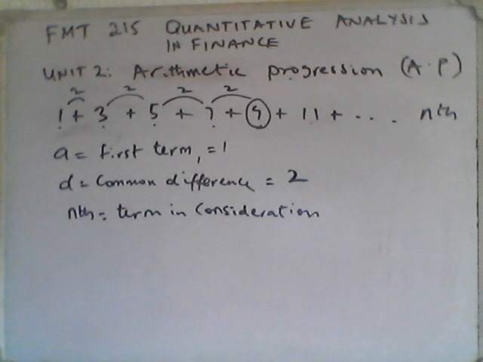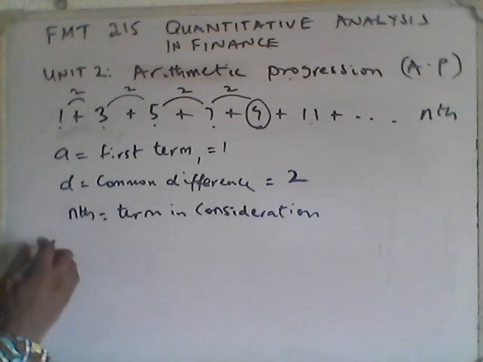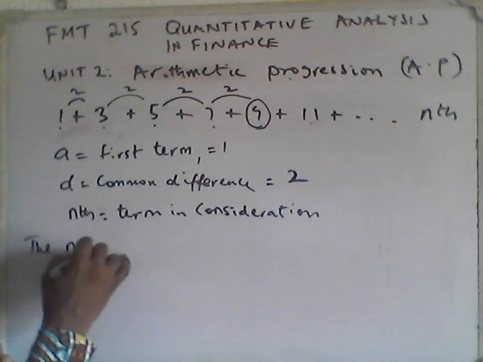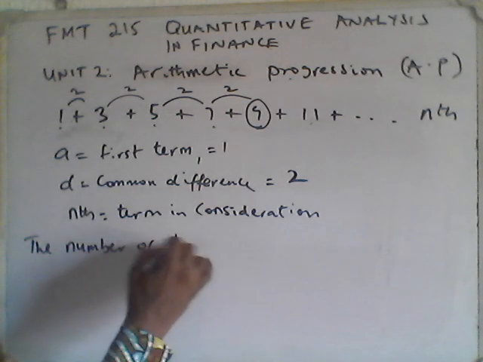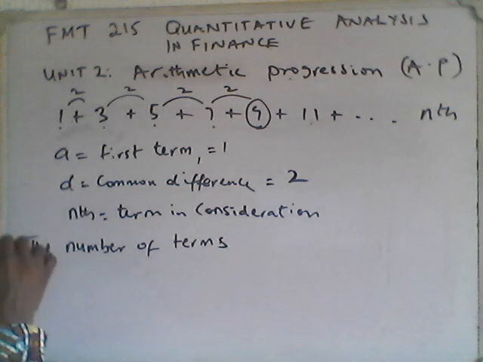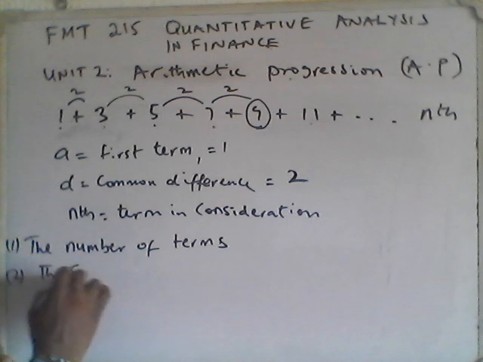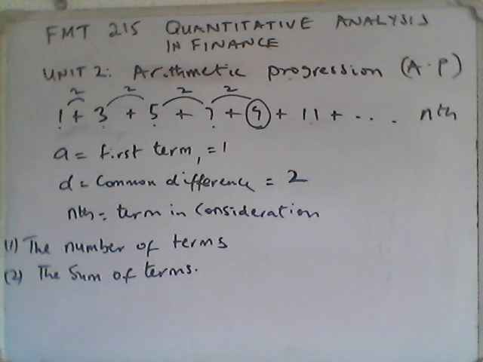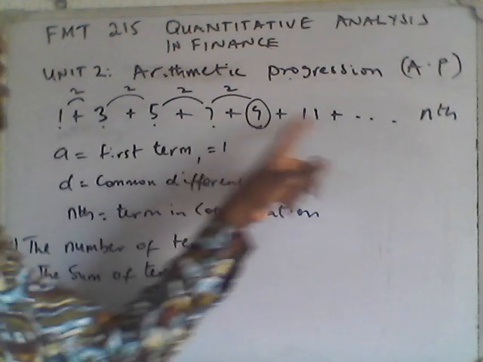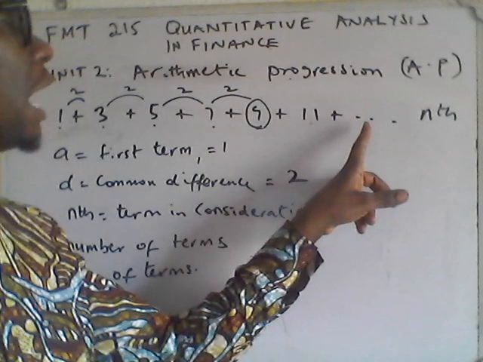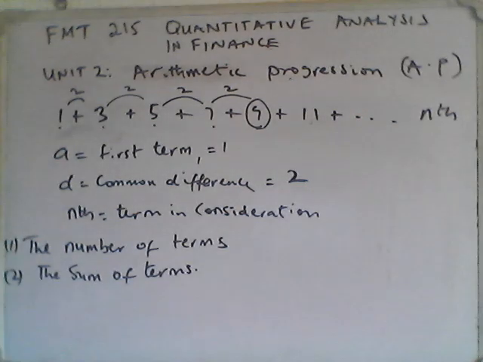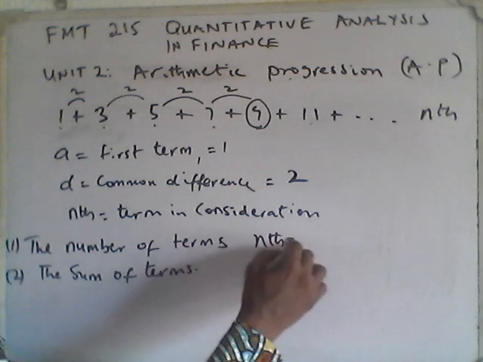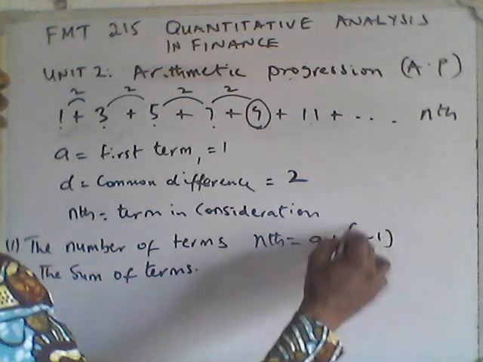Now there's also a concept of the number of terms and the sum of terms. Now I have 1, 2, 3, 4, 5, 6 terms. Let's say I'm asked to find the eighth term. The nth term is given as: nth term equals a plus n minus 1, then d.